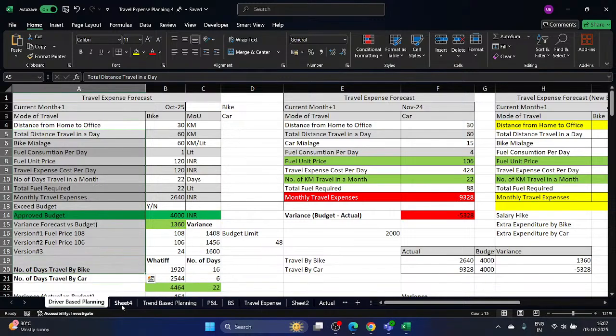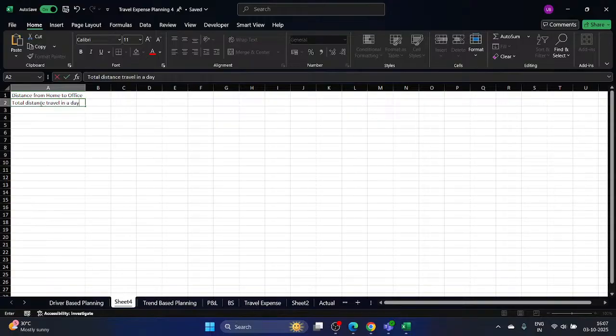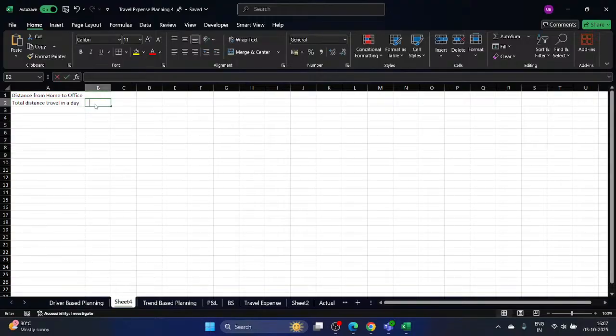Suppose we have to find the total distance. It could be computed on the basis of the driver.